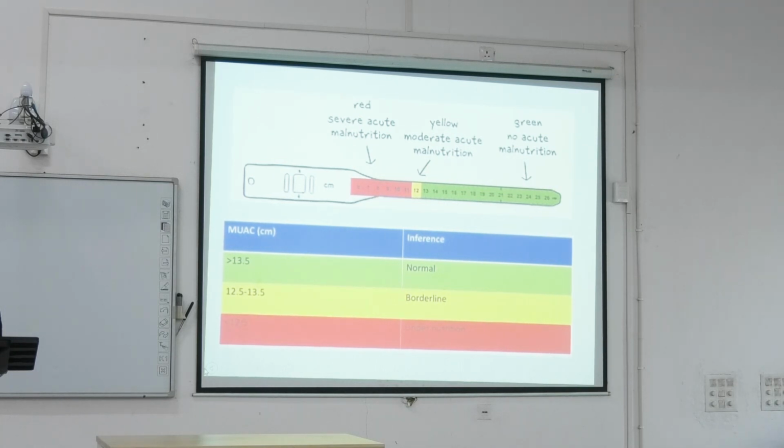It is safe. So around 15 or more is normal. If it is in the green part, then it is okay. If it is in the 12.5 to 13.5, then it is borderline, and below 12.5 is acute malnutrition. It needs nutritional rehabilitation.